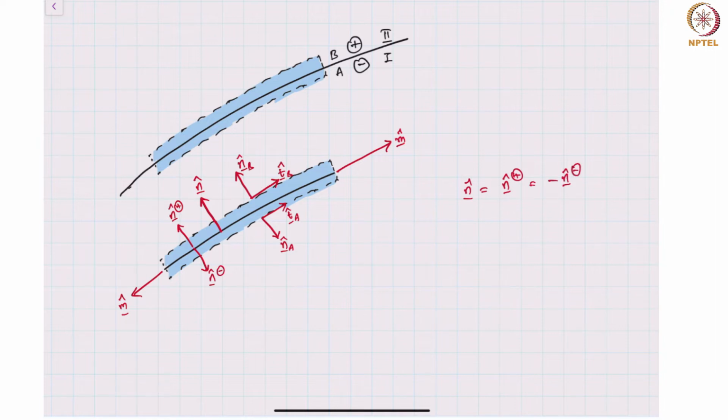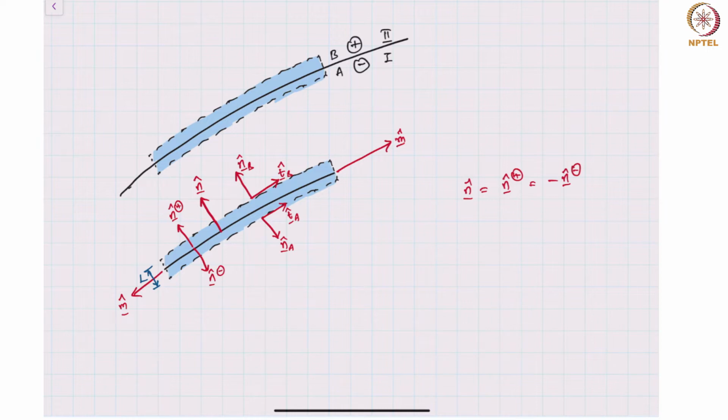This is the convention that I will choose: N hat, the normal vector, is pointing from minus to plus. The control volume has a thickness of, let's say, L. We will eventually repeat the analysis that we did last time, where we take this control volume and shrink it to zero thickness.